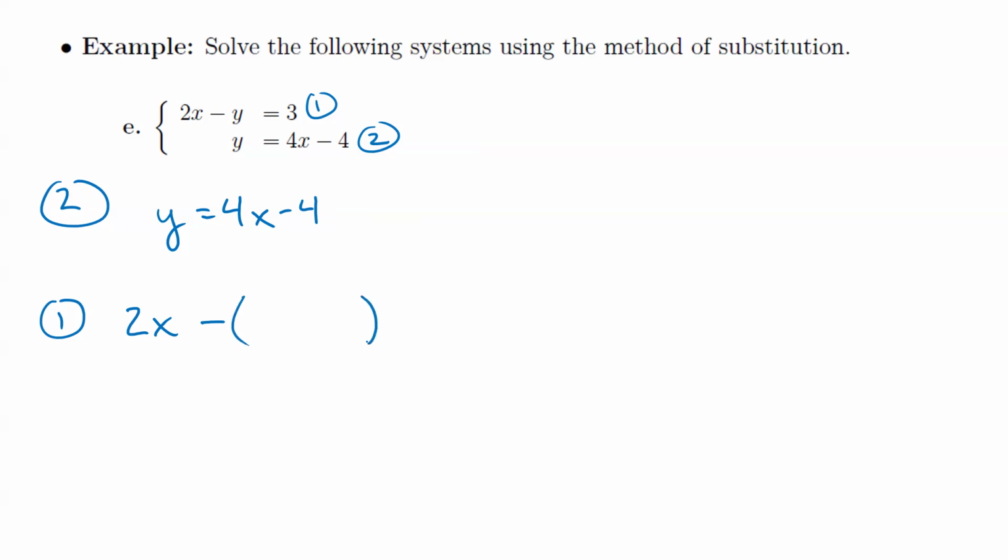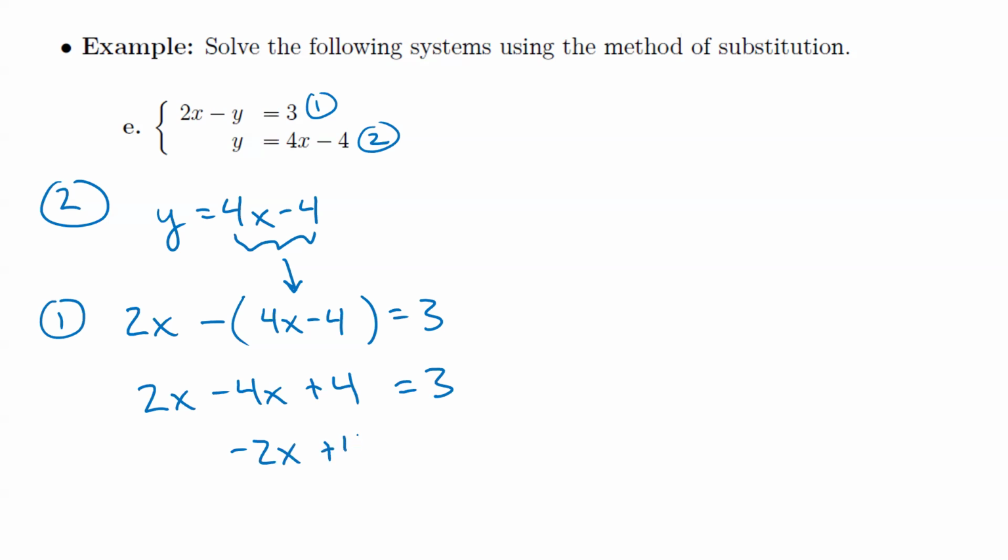But remember, you have to put it in parentheses, right? Because that minus sign has to apply to both of the terms that are taking the place of y. So 2x minus 4x plus 4 is 3. 2x plus 4 is 3, and then we'll subtract 4 from both sides.